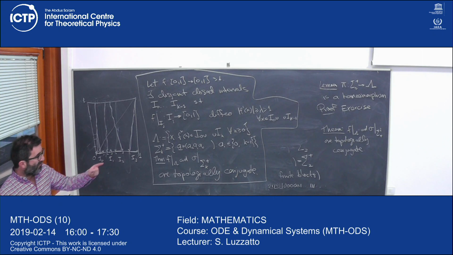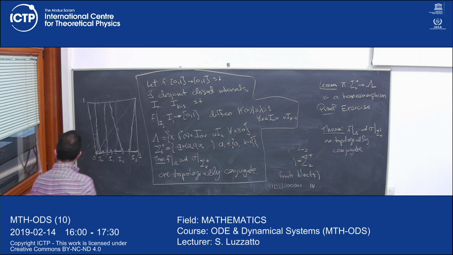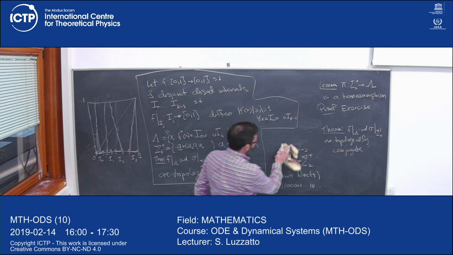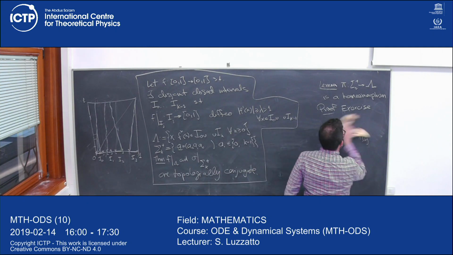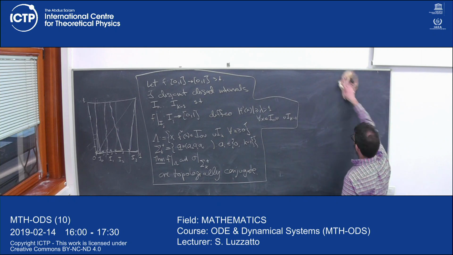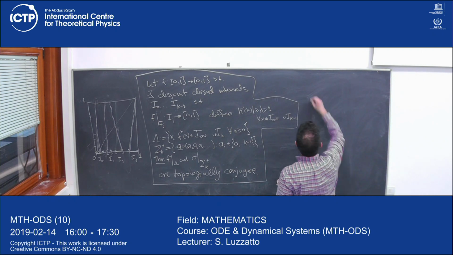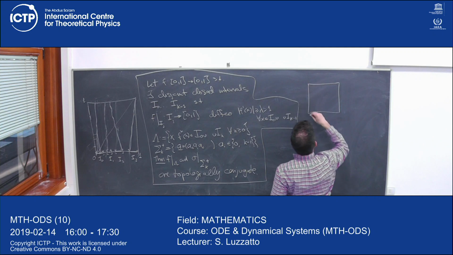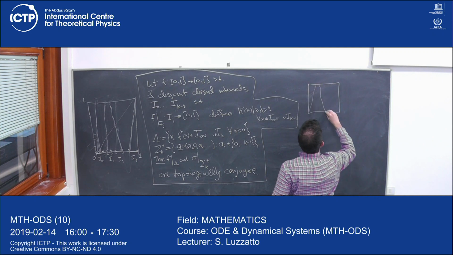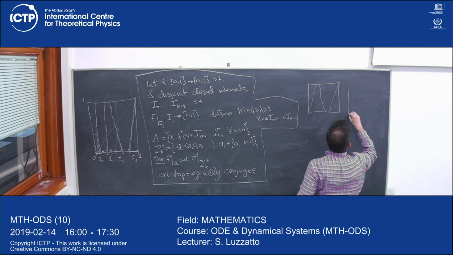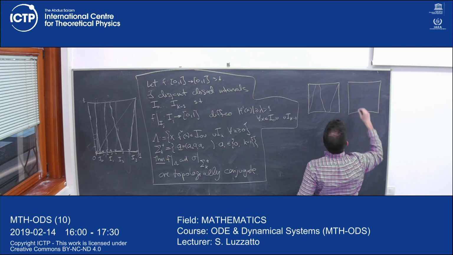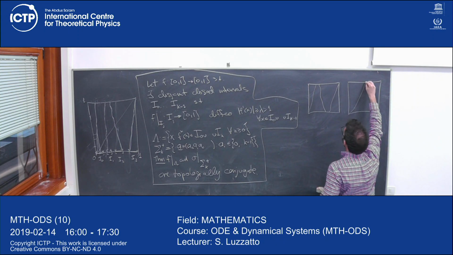So let me make a few more comments before moving on from this situation. The first comment is that this obviously implies that you can create a topological conjugacy between maps of this kind. So if you have two maps, where one of them looks like this, and the other one looks like this.